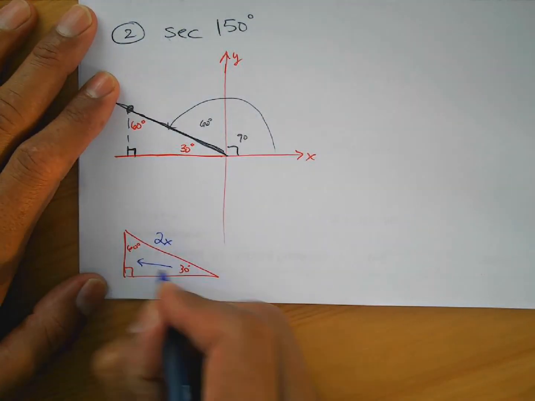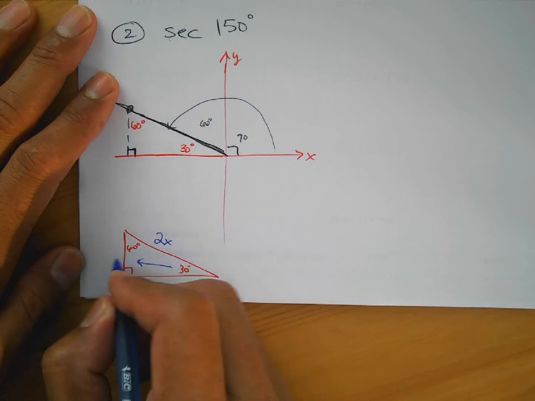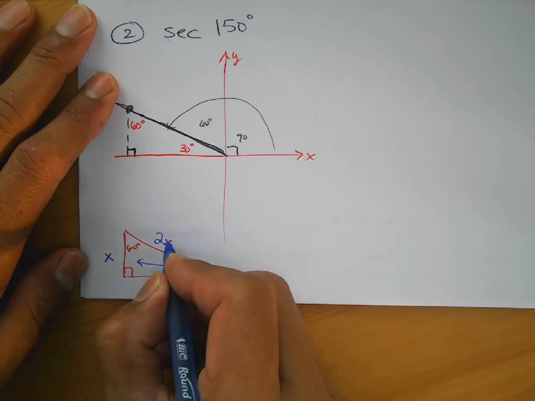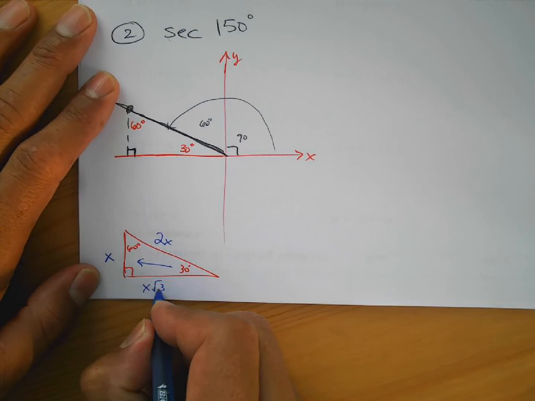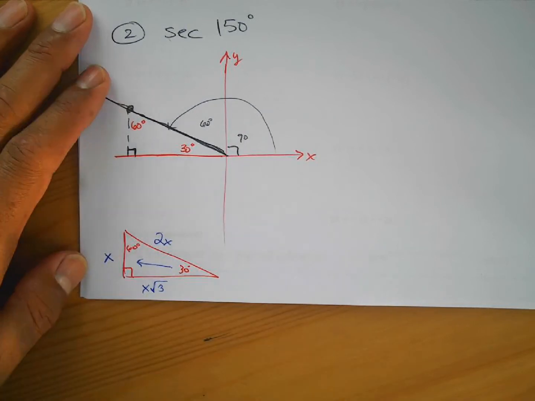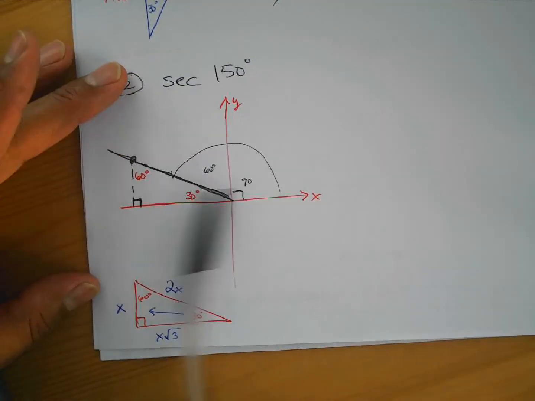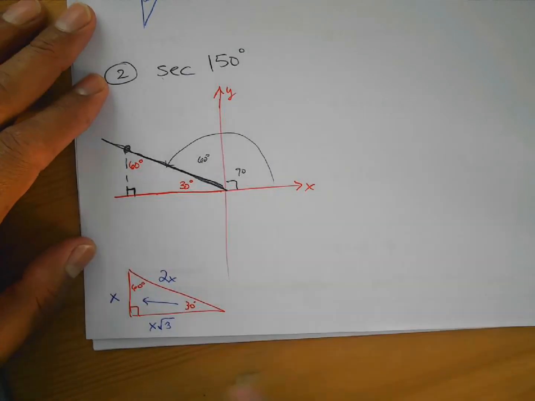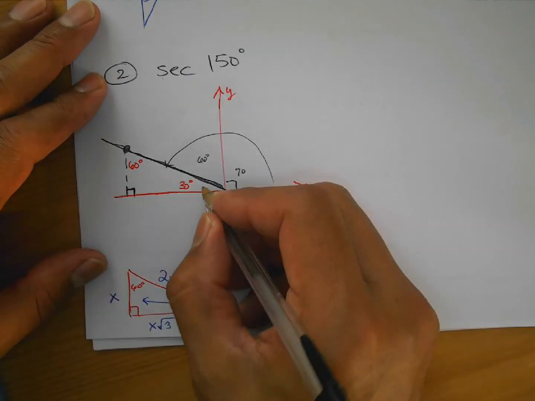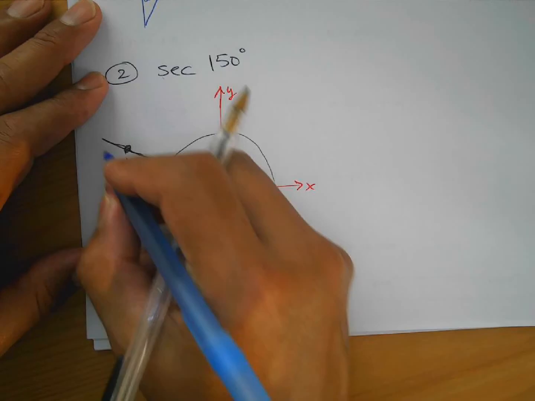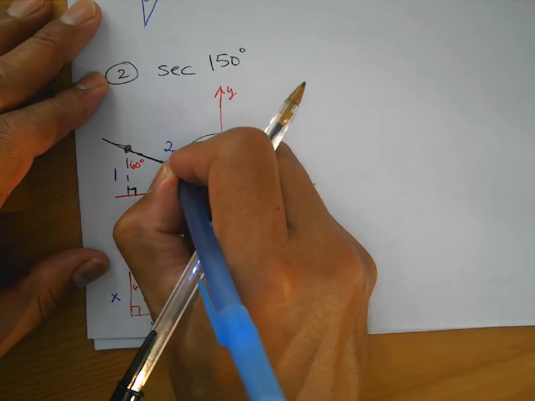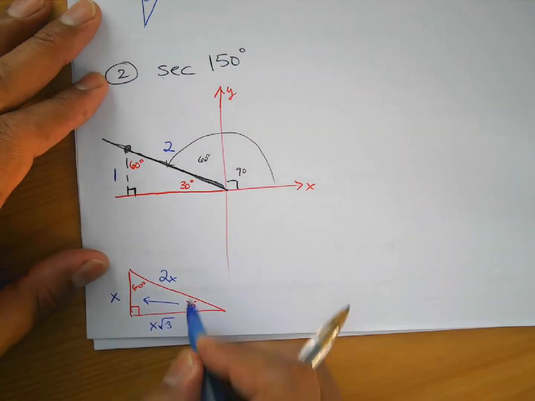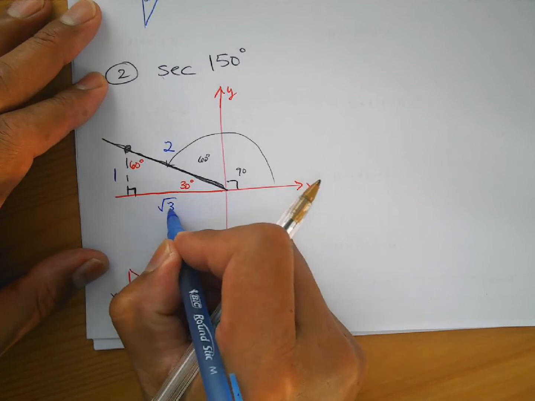I know that the side opposite of the angle of 30 is the x side, the opposite side, and this is the x root 3 side. Label those correctly. If you label these wrong, everything's going to be wrong. You pick 1 for x, so this is 1. This is 2. And this is 1 root 3, or just root 3.